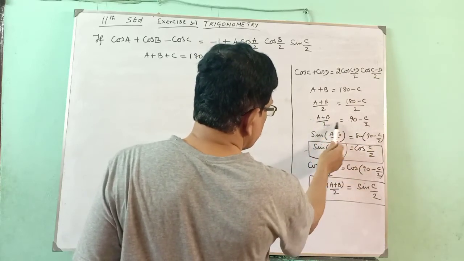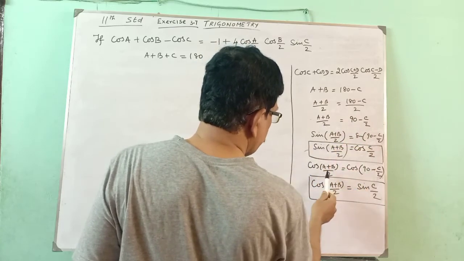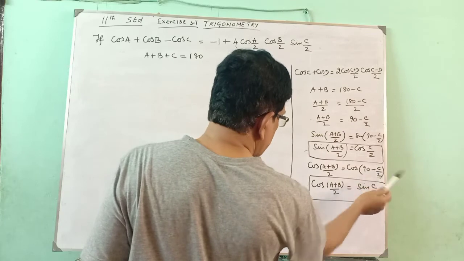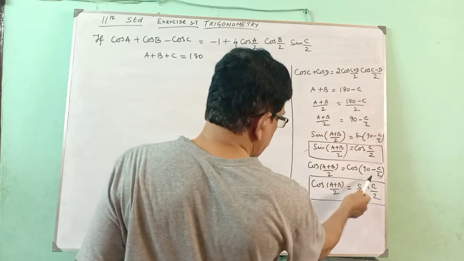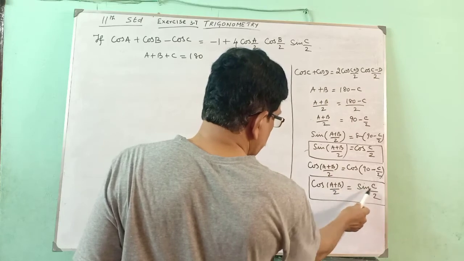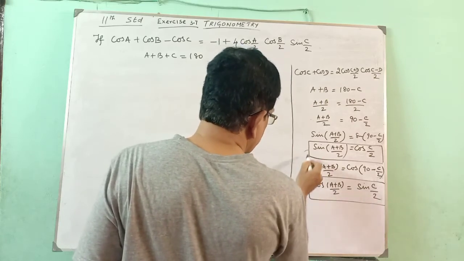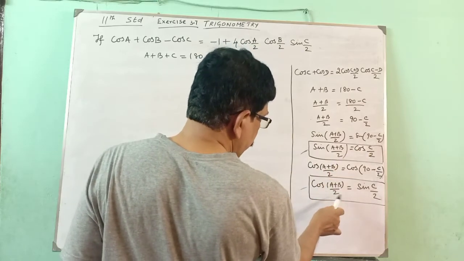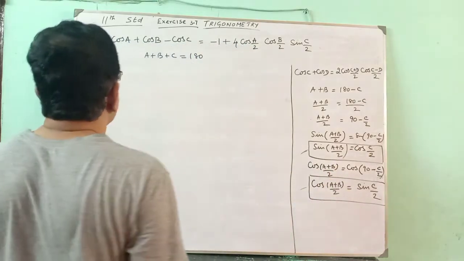Cos(90 minus theta) is equal to sin theta, where theta is C by 2, so cos (A plus B by 2) is equal to sin C by 2. These are the two formulas.